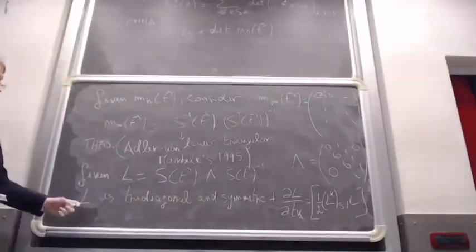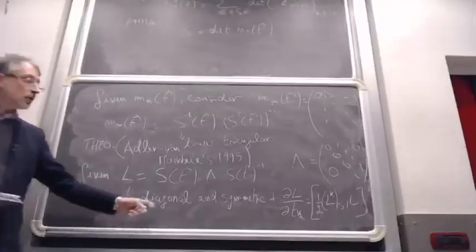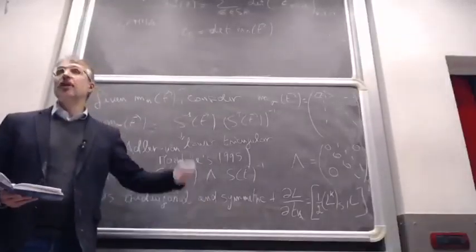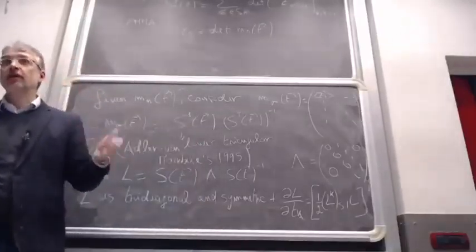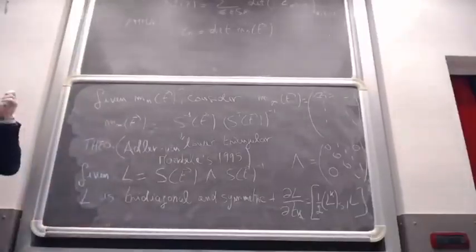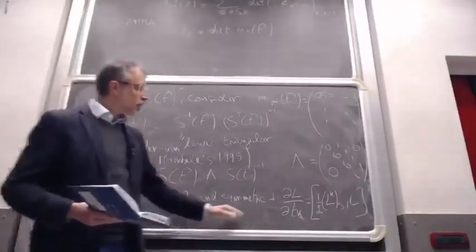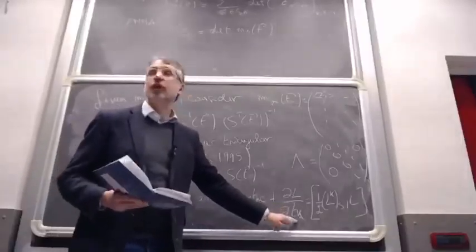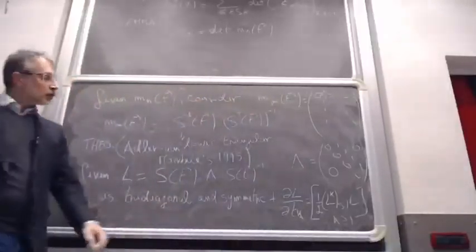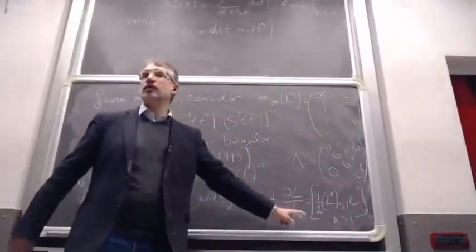So then it follows that L is a tridiagonal symmetric, semi-infinite matrix. It's understood from the definition, and the derivative of L with respect to Tk, for all k larger or equal to 1, so for all the times, L satisfies this equation.